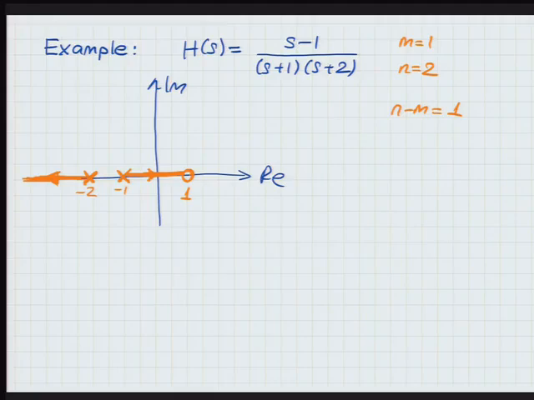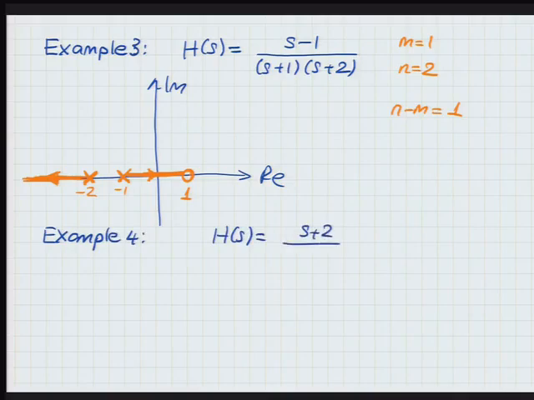Another example, slightly different. Changing the order of poles and zeros actually makes a big difference. The next example, this was 3, I think, in the notes. This is 4. Now we're going to look at s plus 2 over s times s plus 1.